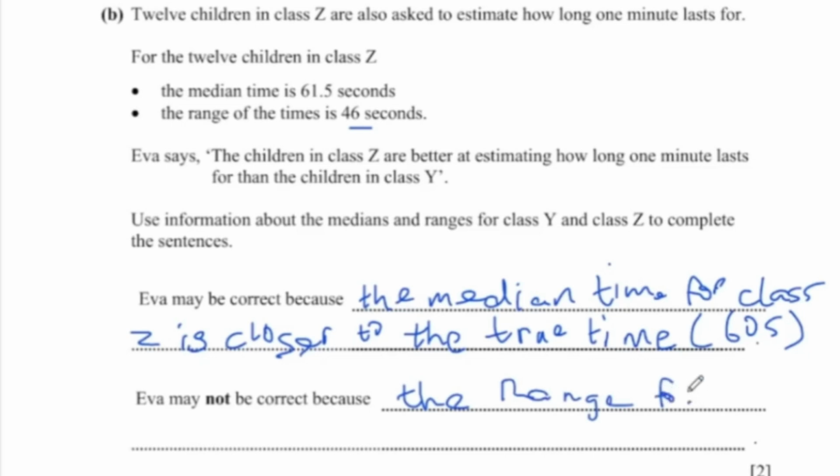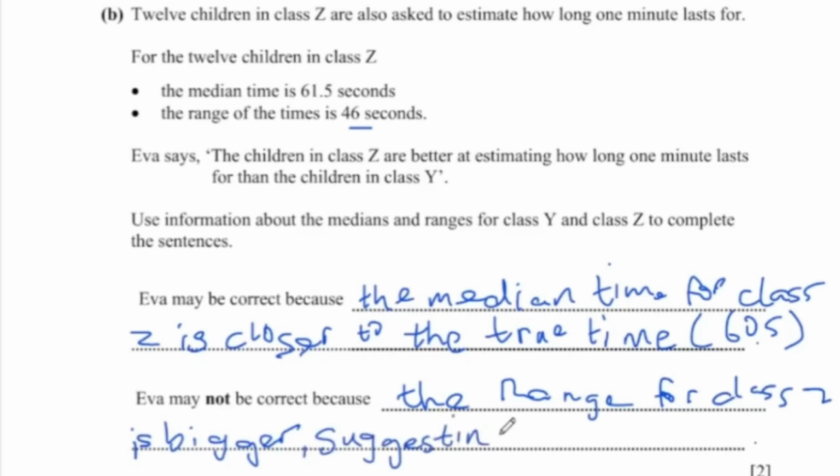for class Z is bigger. Very high value, suggesting the values varied more than they should.